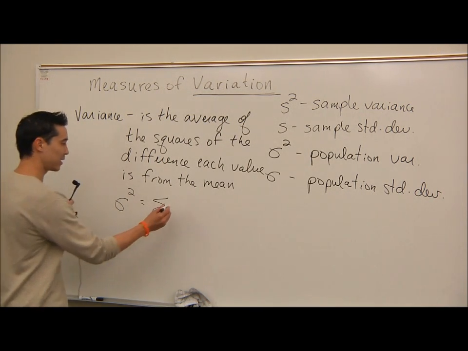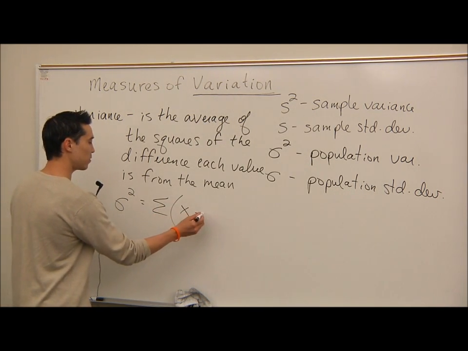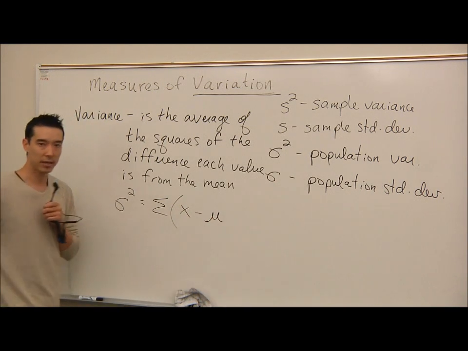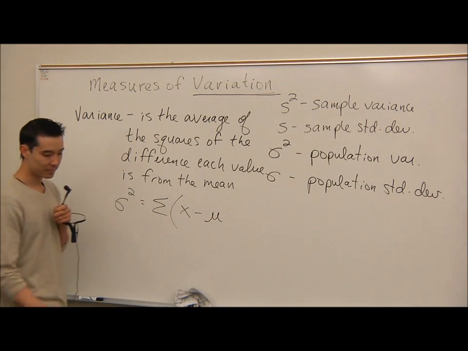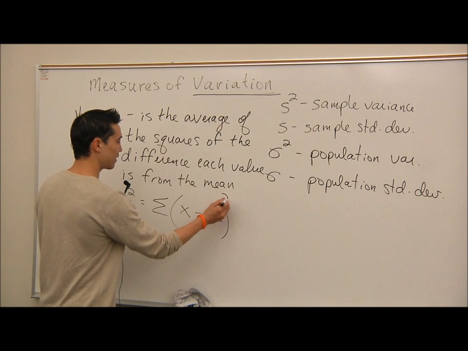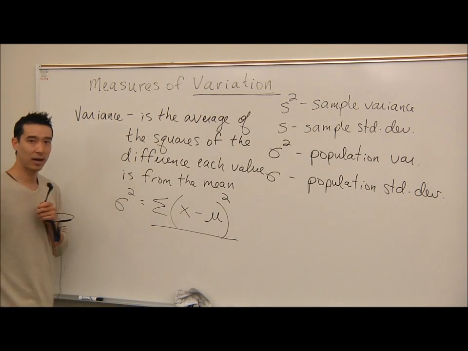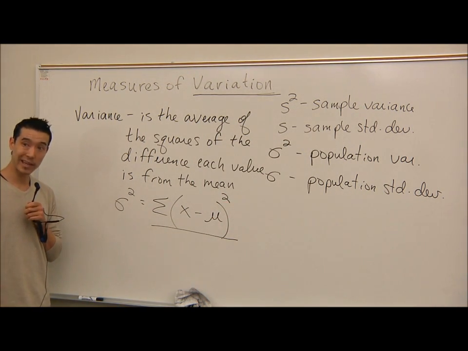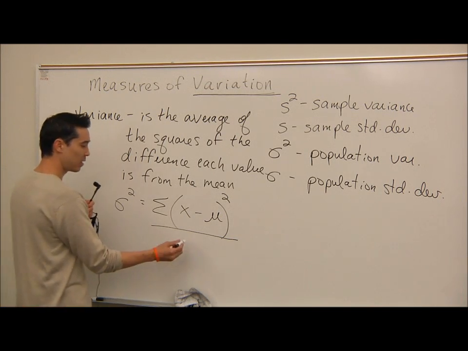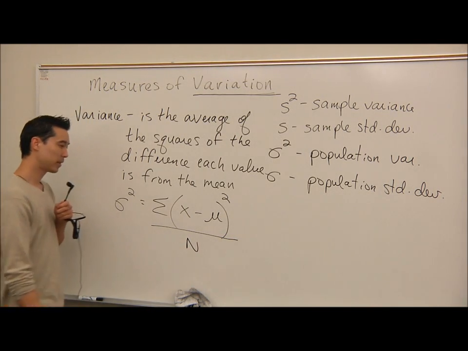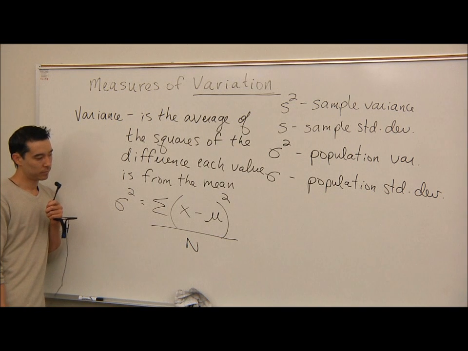What are we adding? Each x value minus the population mean, mu, the square of that, divided by how many were in that thing. I'm going to use a capital N because it's population. And that's my formula.